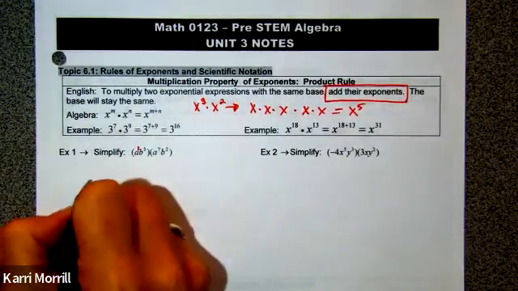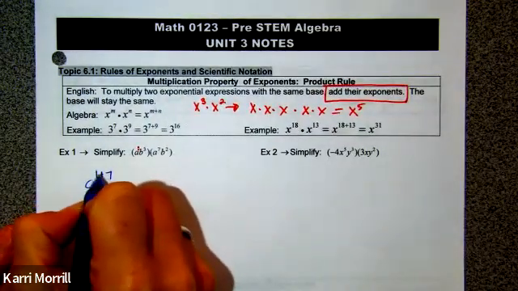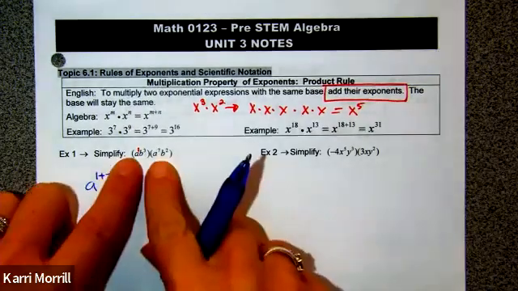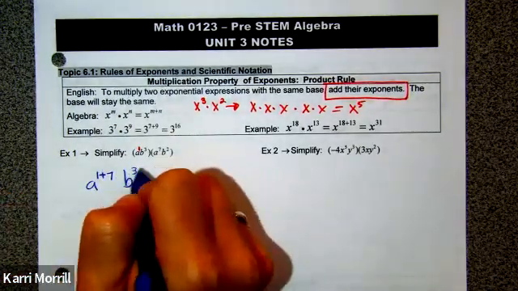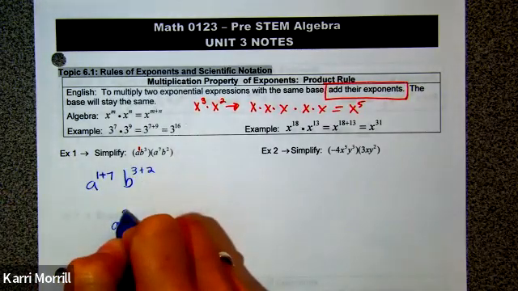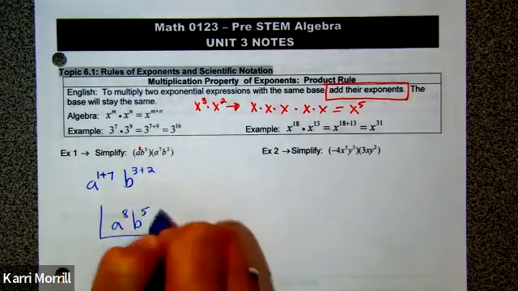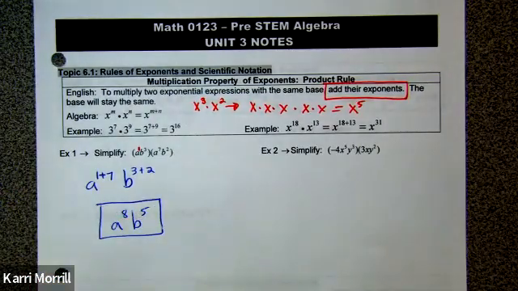But my letter A, I would be adding 1 plus 7, because those are the exponents for those letters, and for B, you'd be adding 3 plus 2. So you get A to the 8th and B to the 5th. I'm aware you can do mental math and add 1 plus 7 and 3 plus 2 on your own, but because of all the different rules, you need to know the difference when you add and multiply and subtract. Go ahead and write it down in your notes. I encourage you to do that anyways.